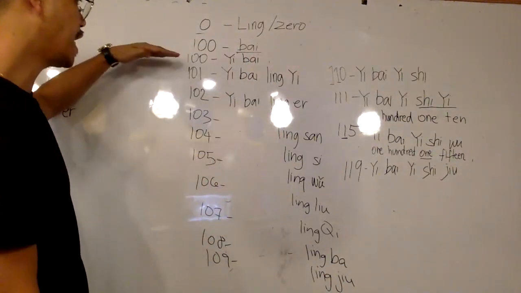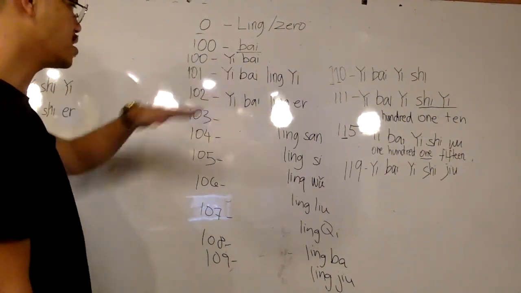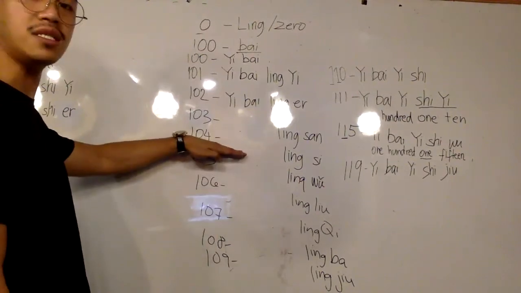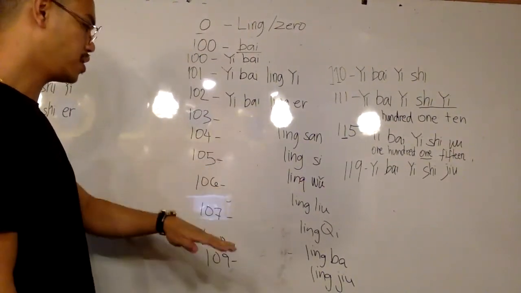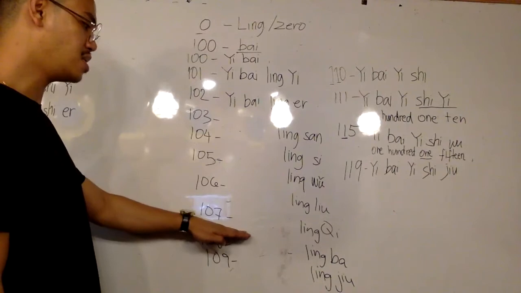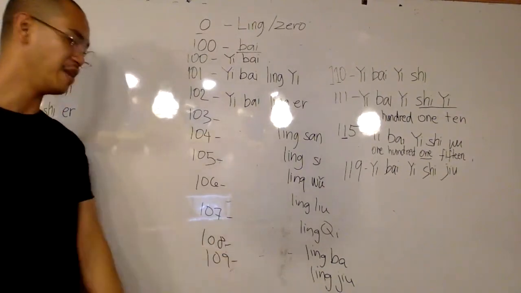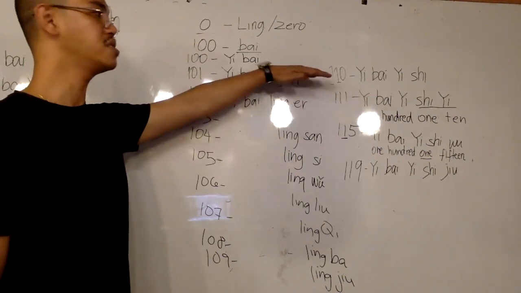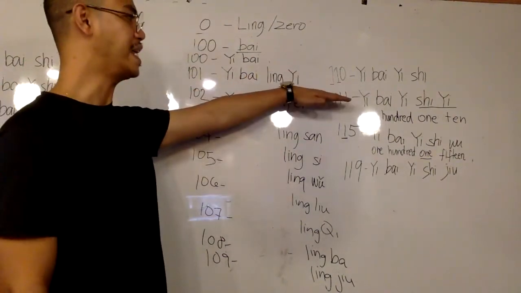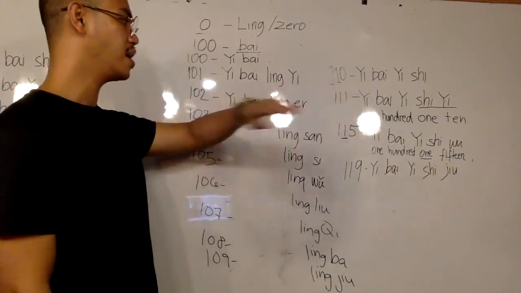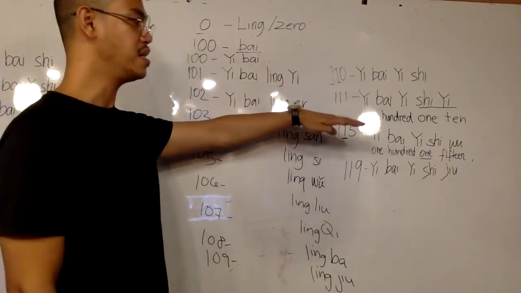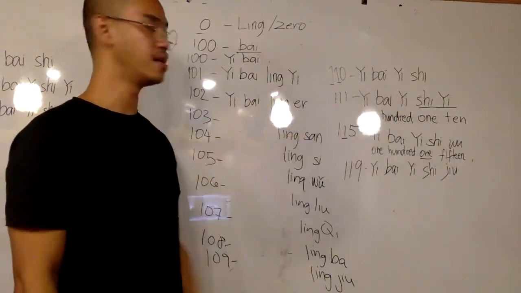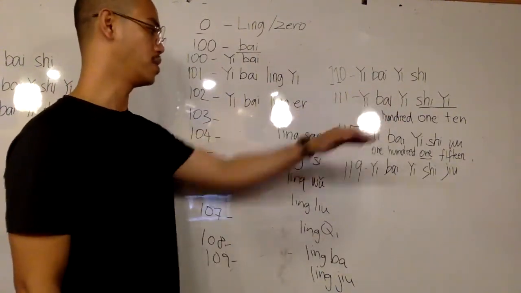Count with me. 100, 101, 102, 103, 104, 105, 106, 107, 108, 109, 110, 111, 112, 115.